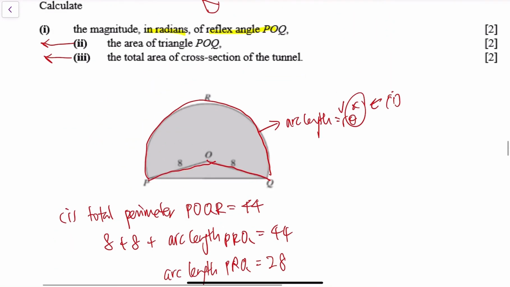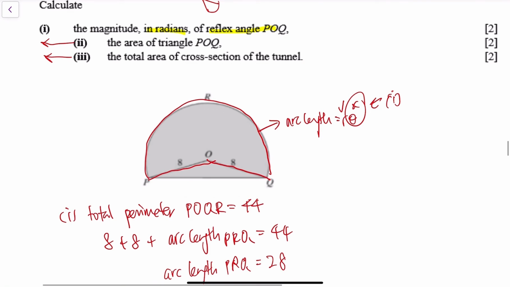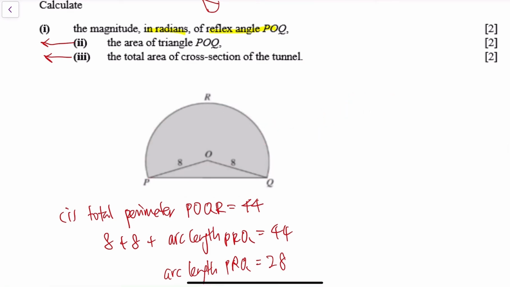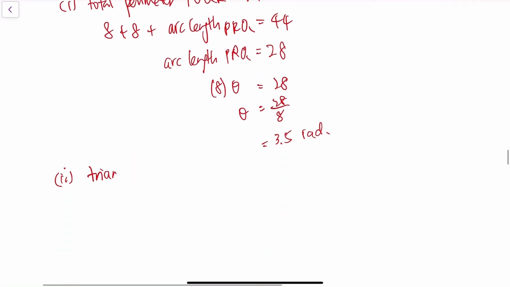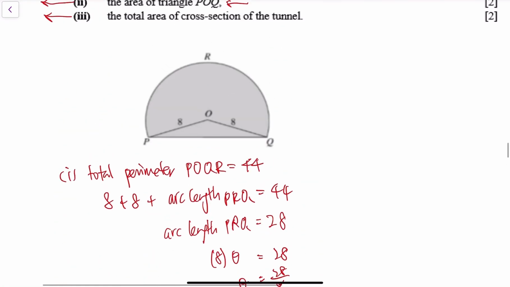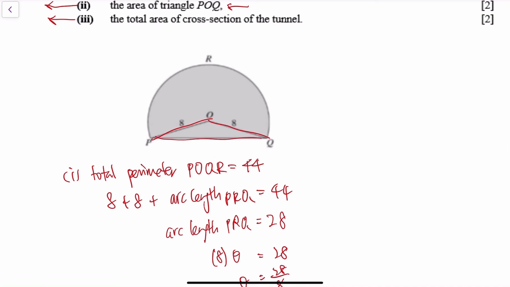Now part 2. They want you to find the area of the triangle POQ. So you have to read the word carefully. They say triangle, so it's this part over here. To find the area, it will be half r squared sine theta.